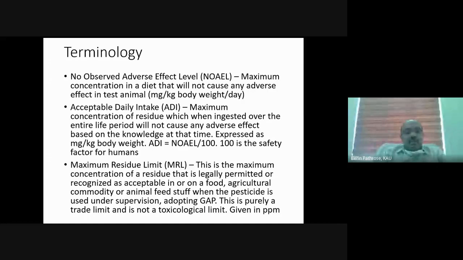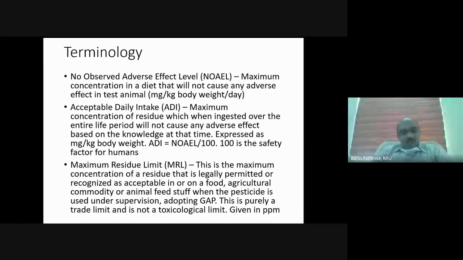Will this 1 milligram per kg body weight per day remain safe for human beings also? Is that statement correct or not? The same concentration, 1 milligram per kg body weight per day, will be safe for human beings. False. Why?